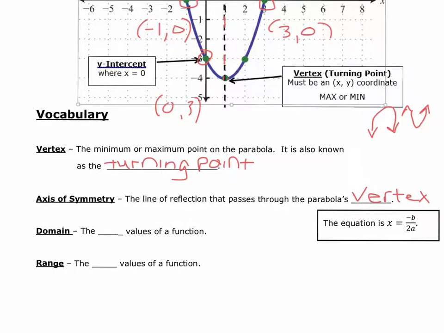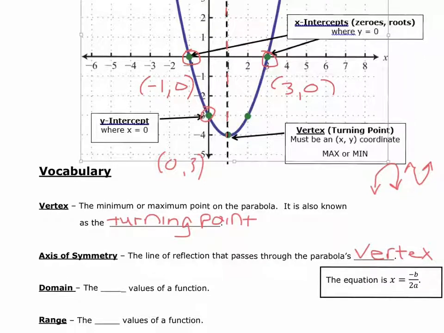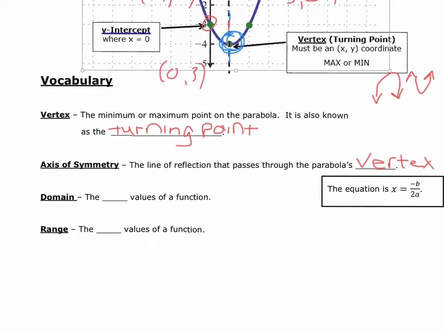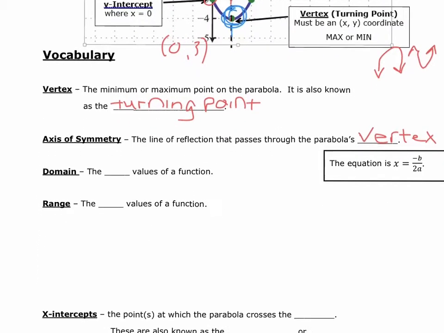When I look up here, you can see it passes right through that vertex right there that I just circled in blue. And again, our equation for our axis of symmetry is negative b over 2a. And again, I'll go over that in a little bit. Our domain is the x values of the function, and our range is y.